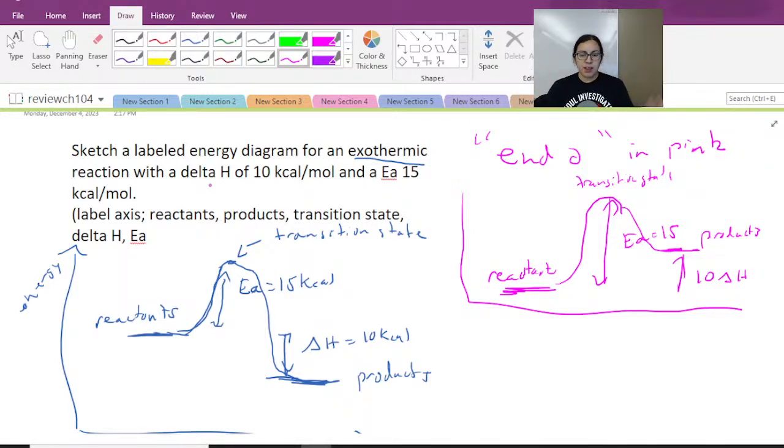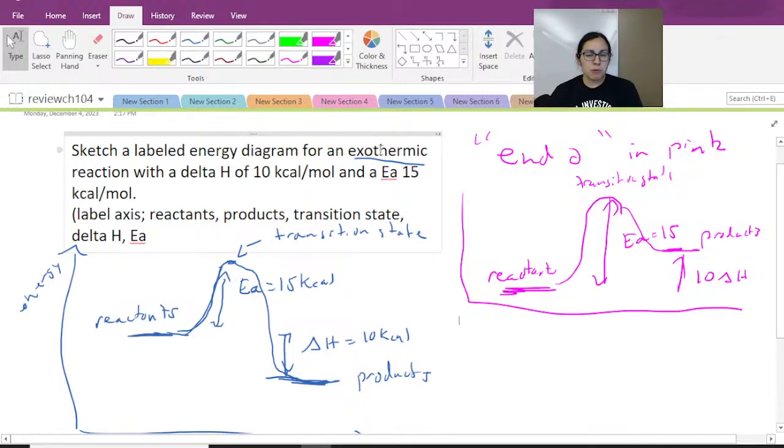But yes, if you're looking at it, it should be negative, but sometimes when we're writing it, I'll just say the difference. So when you write these, pay more attention to endo- and exothermic, and save that negative sign for later in the math.